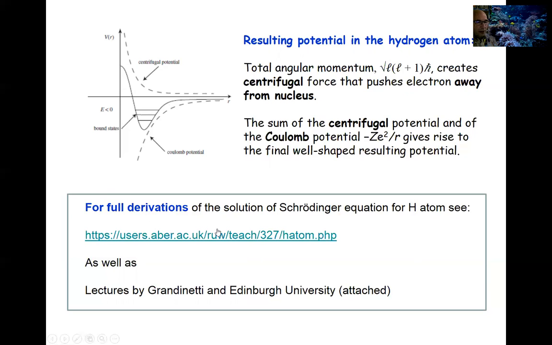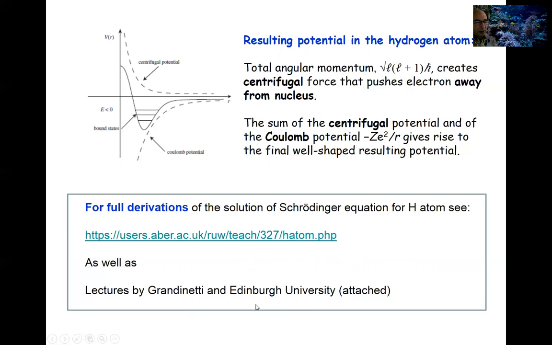The full derivation of the solution of the Schrödinger equation for the hydrogen atom you can find in many places. For example, look at this website here, which is a very nice website and which goes into great detail on how you go mathematically through this derivation, as well as lectures by Professor Grandinetti, and also a module from Edinburgh University.